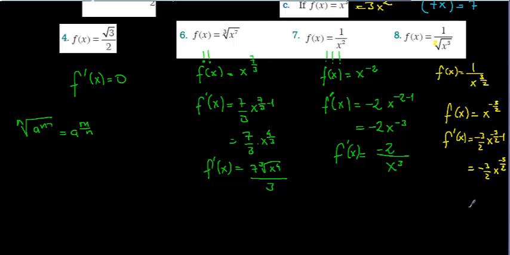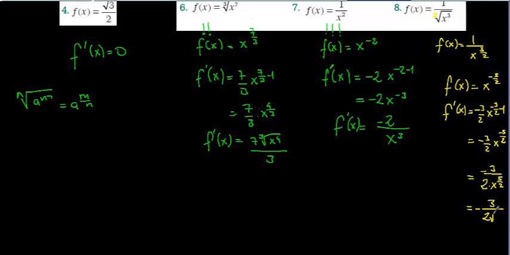That is equal to minus 3 over 2 times 1 over x to the power of 5 over 2, which is equal to minus 3 over 2 times the root of x to the power of 5 in the denominator. Okay.